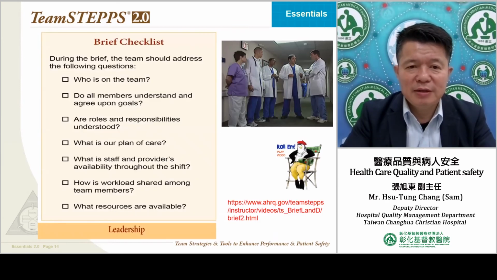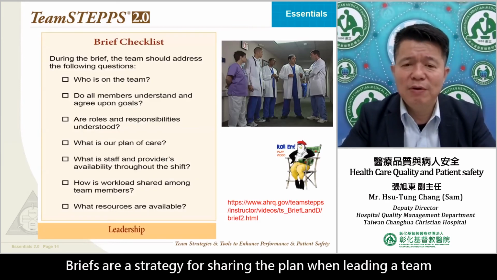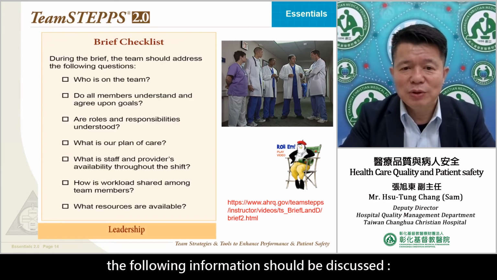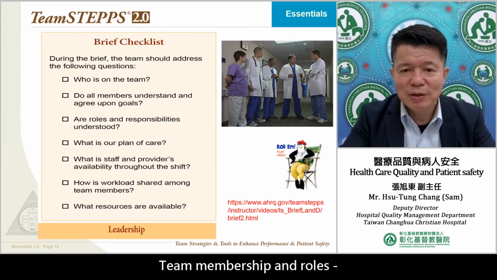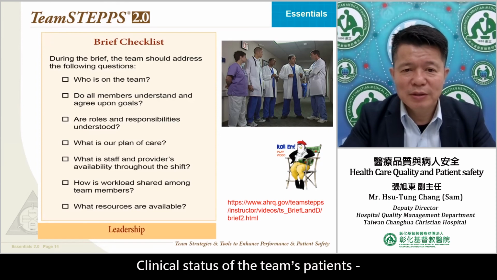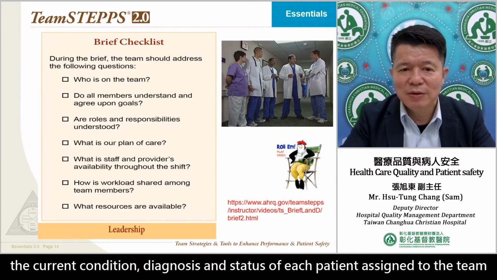Brief checklist. Briefs are a strategy for sharing a plan when leading a team. During a brief, which is sometimes referred to as a team meeting, the following information should be discussed. Team membership and roles: who is on the team and who is the designated team leader. Clinical status of the team's patients: the current condition, diagnosis, and status of each patient assigned to the team.